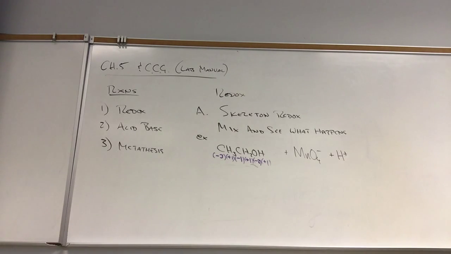What structural feature, what property, what makes you think that permanganate is going to be a powerful oxidizer? What about permanganate makes you think it's going to be a powerful oxidizer, if anything?